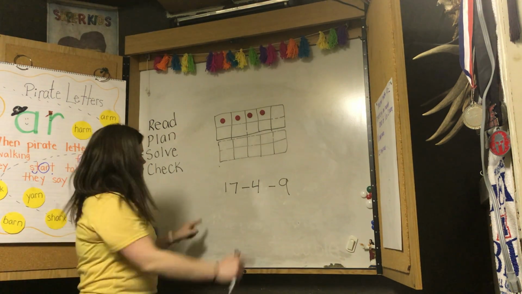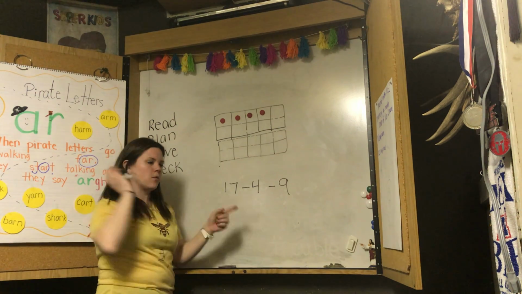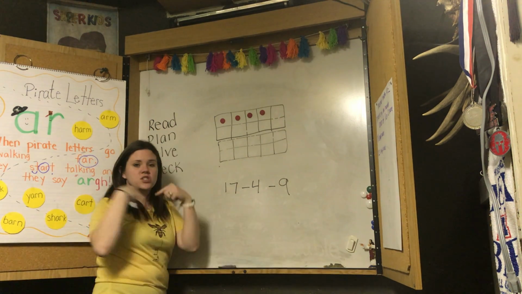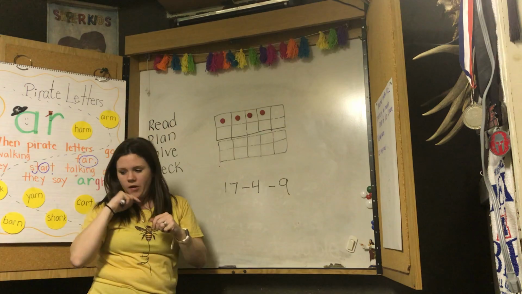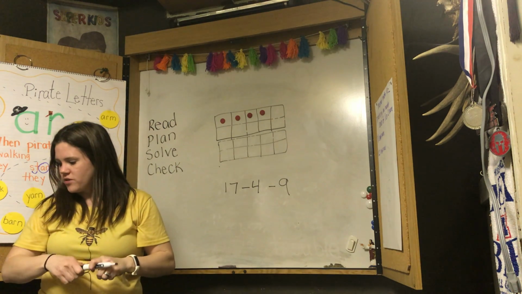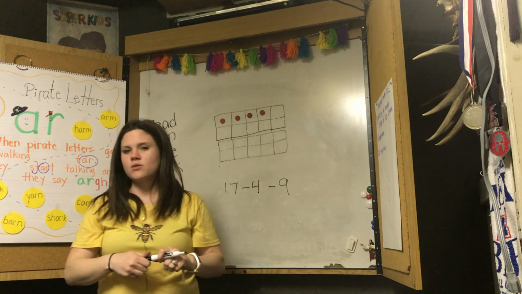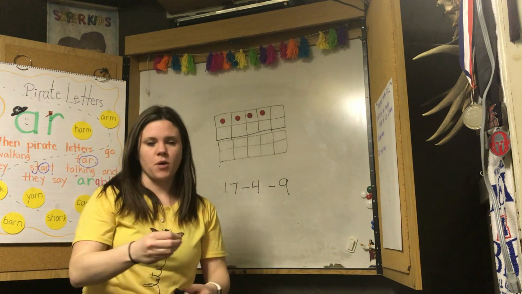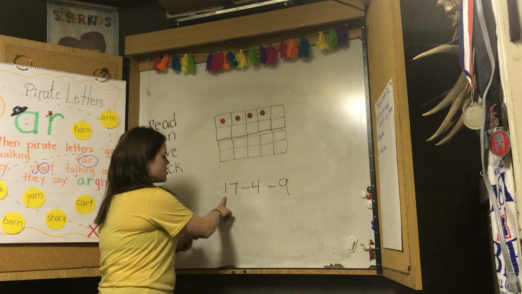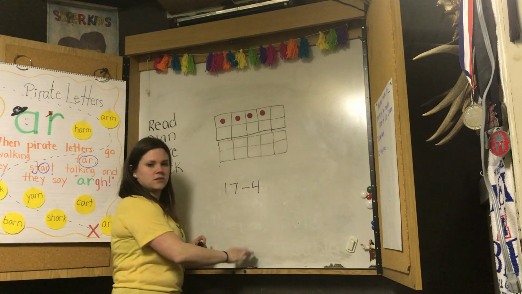No. So whenever we write something out, we start the way we read. So we always want to start with what we know. So it's always important to find the difference for the first part and to use the answer to do the next part, right?